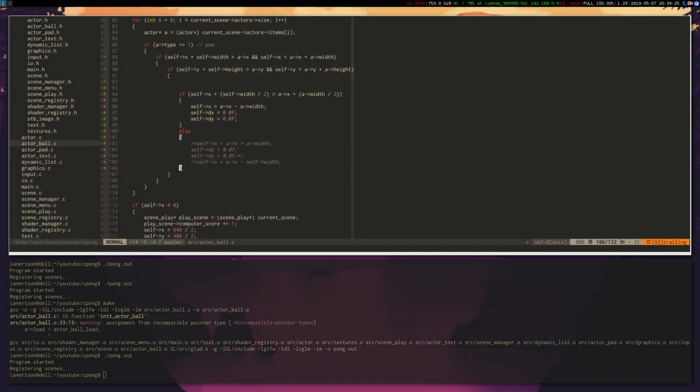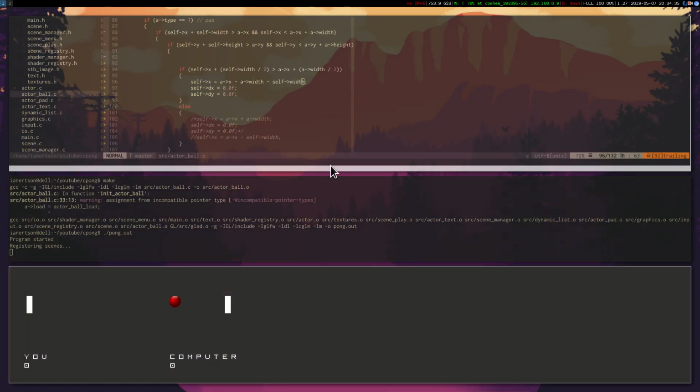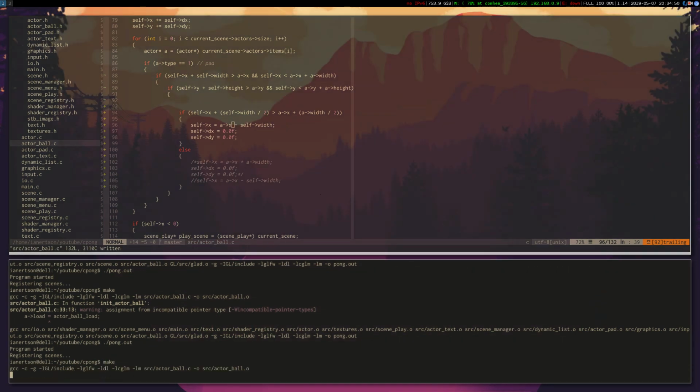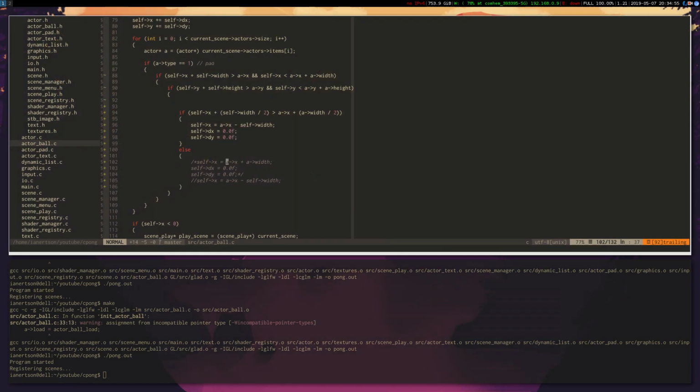No. Minus a width minus self width. That's the correct, I think. No. Or maybe it's just, wait. Self x is equal to ax. No, it should just be self width. Yeah, sorry about that. This one is correct though.